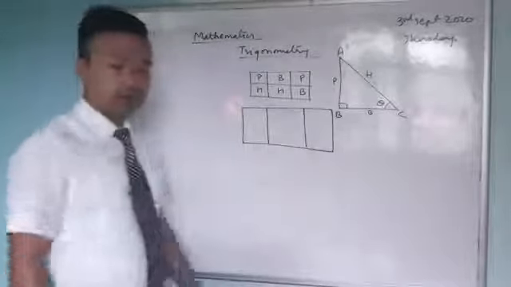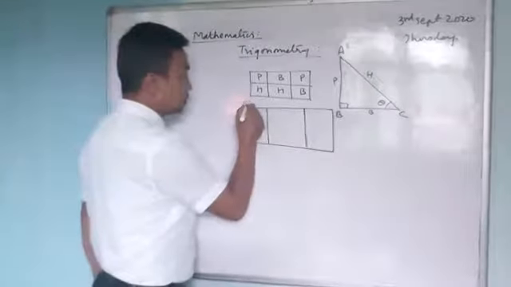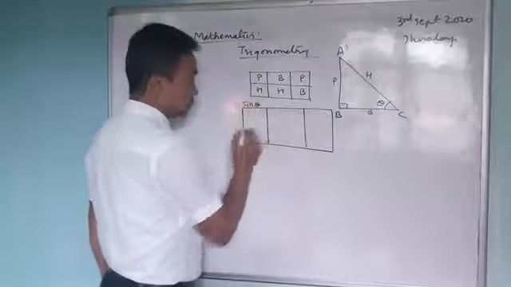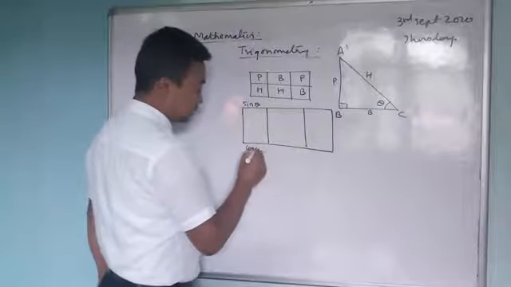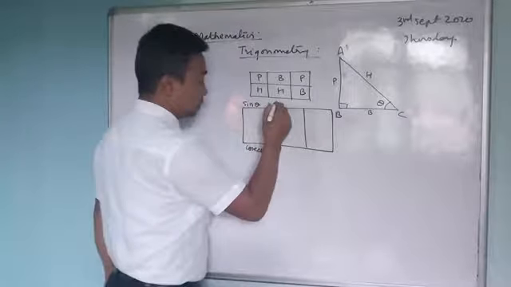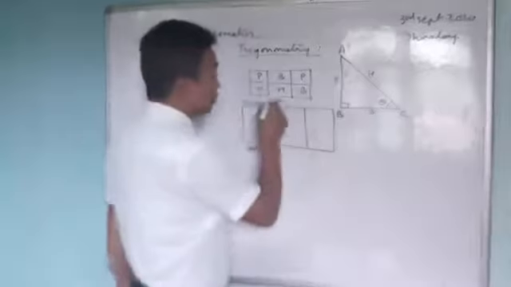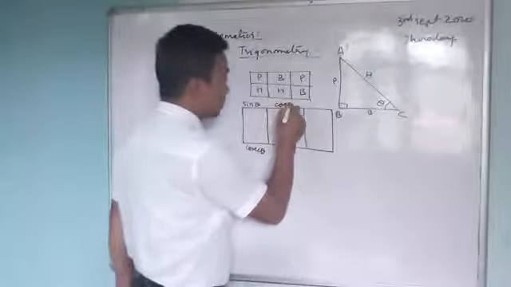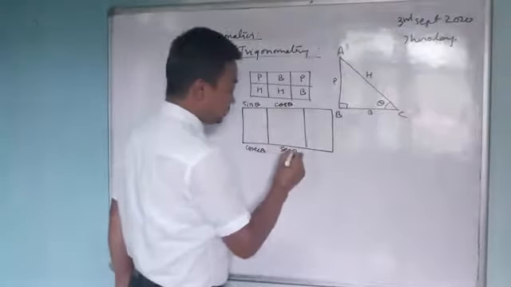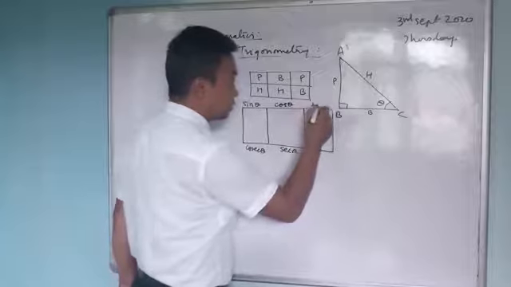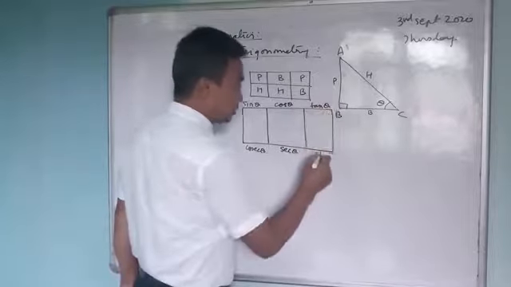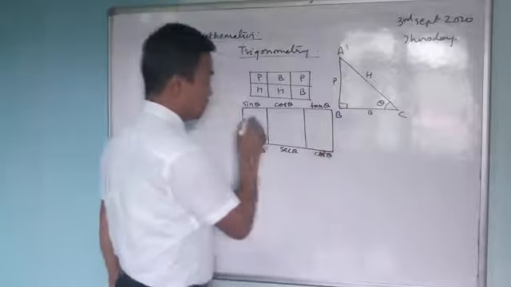Let us make it like this. In the first column we write sine, and the opposite of sine is cosec. Then we have here cos theta, the opposite of cos is sec theta, and we have here tan theta, and the opposite of tan theta is cot theta.